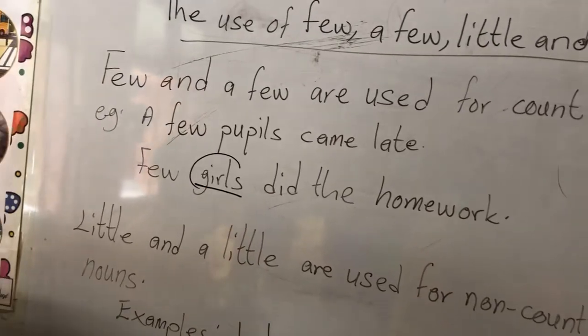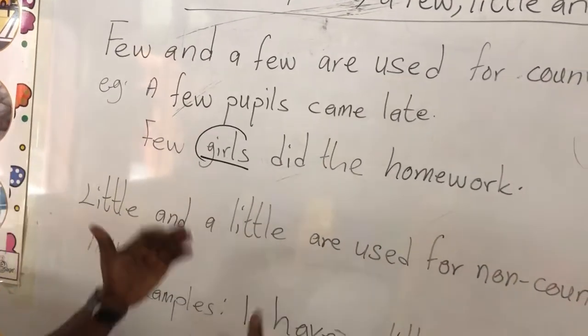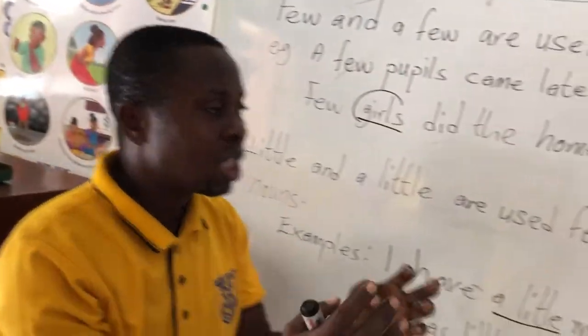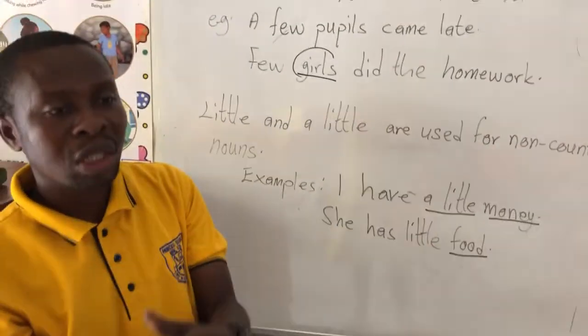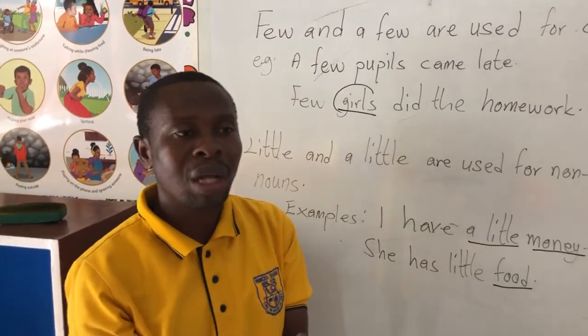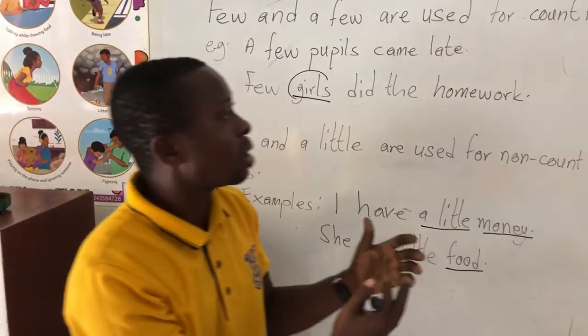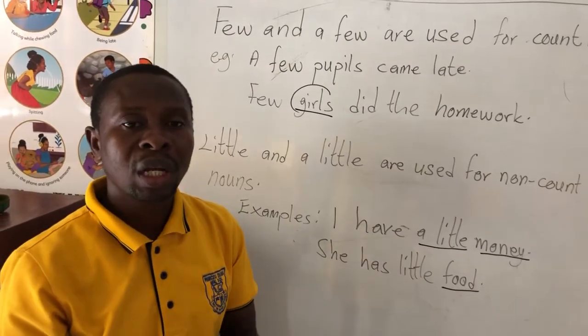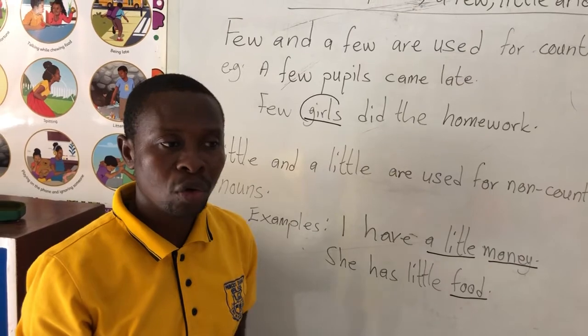Very good. So anytime you meet this in a grammar question, check whether the noun is a countable noun or a non-countable noun. When it's a countable noun, you know that you are using few. And when it's a non-countable noun, you know that you are using little. Okay? Very good.